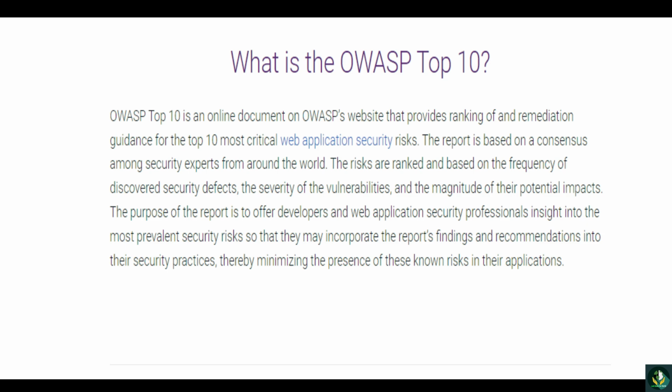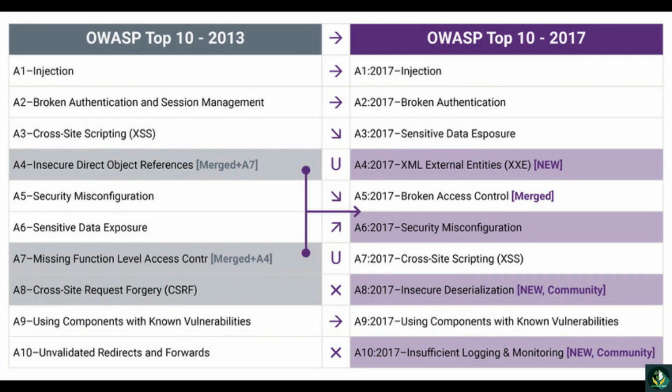So OWASP Top 10 in 2013 and 2017, their differences: A1 injection, broken authentication and session management, broken authentication, cross-site scripting XSS in 2013, and sensitive data exposure in 2017.